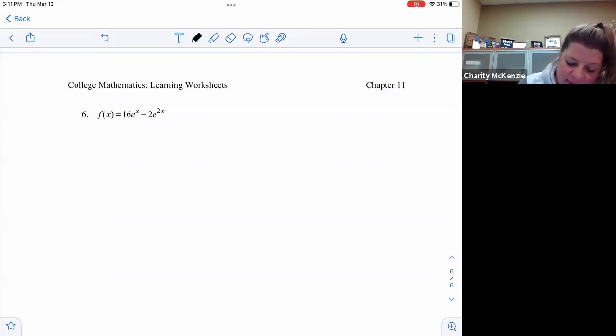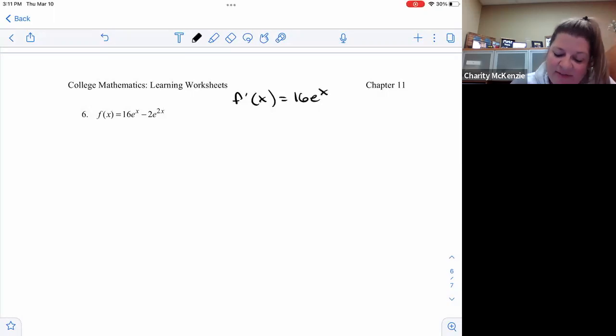So let's start with that first derivative. The first derivative of 16e to the x is 16e to the x. We don't have anything with the x, so there's no chain rule. Then we have minus, and we have a chain rule here because you have a 2 with the x.